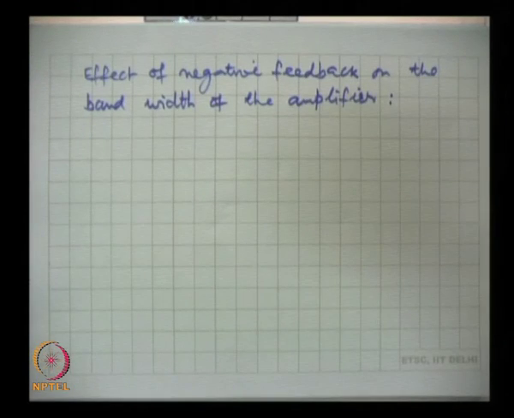We study this thing. Yes, negative feedback enhances the bandwidth. First, let us see what bandwidth is.